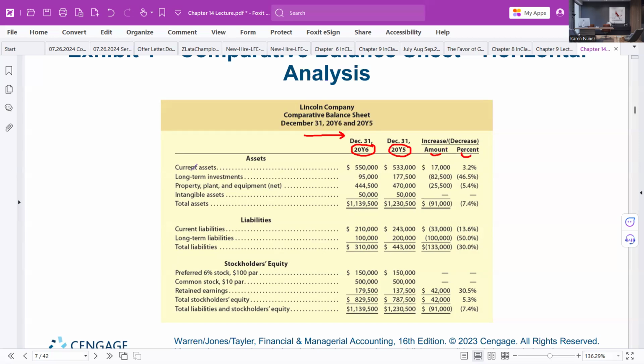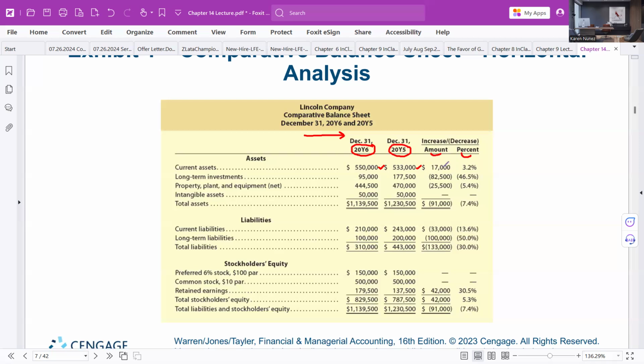Let's focus first on current assets. In year 5, they had $533,000 in current assets. But in year 6, that changed. It went from $533,000 to $550,000. We want to measure the change over time.